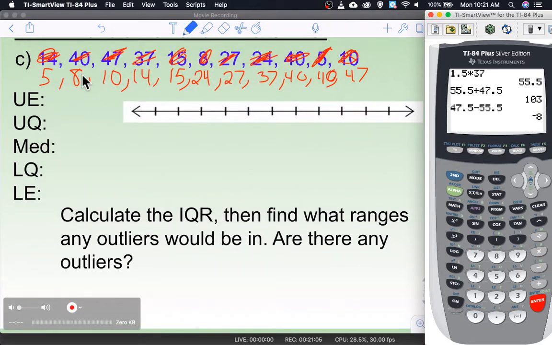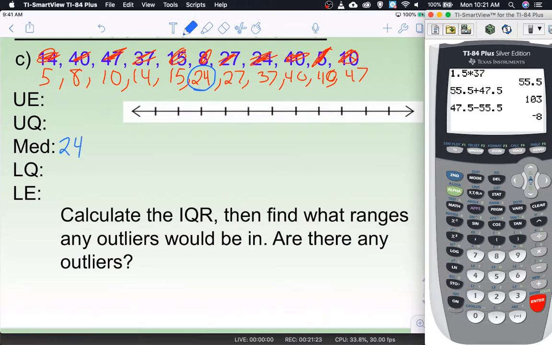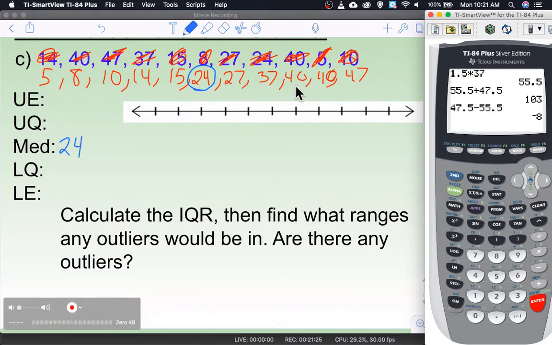Median. 1, 2, 3, 4, 5, 6, 7, 8, 9, 10, 11, which means there's an odd number. There's 1 in the middle, which should be him. That's 5 numbers bigger, 5 numbers smaller. He's the 1 in the middle. That's my median. The upper quartile is then the median of the upper half, not counting the median.